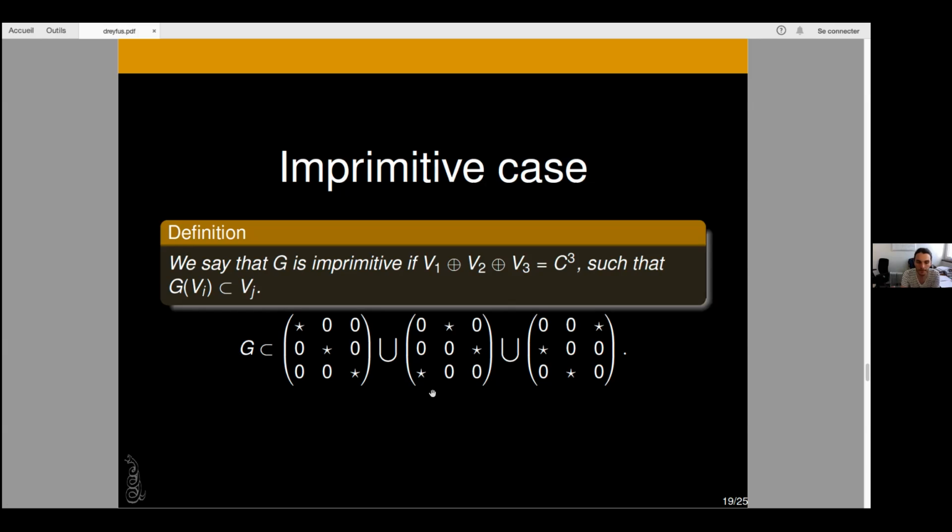So it's a subgroup of permutations that contains a non-trivial element that fixes no one, and that is cyclic. So it has to be Z over 3Z. So it has to be of this form.